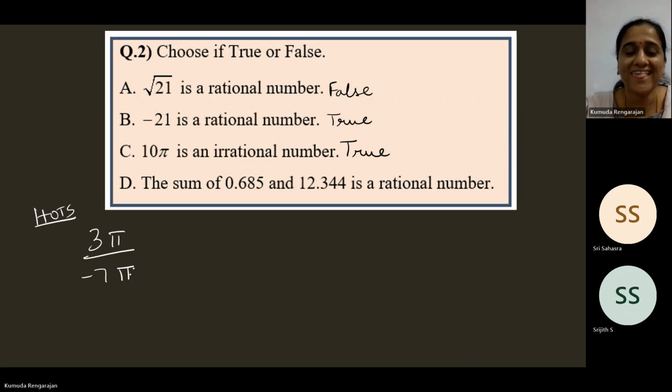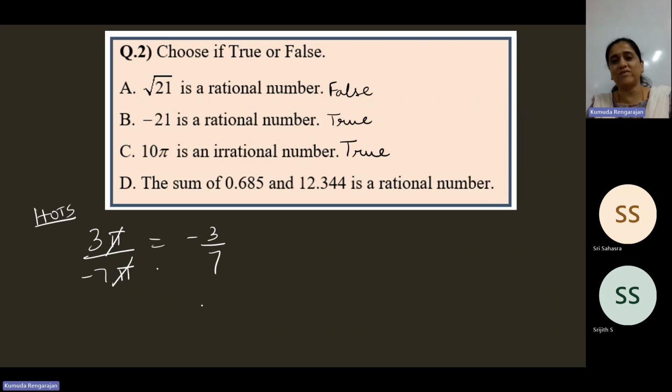Rational. 3 pi by minus 7 pi is rational. Can anyone say why? Correct. Because you can simplify. Pi and pi will get cancelled. It's minus 3 by 7. Rational. Very good.